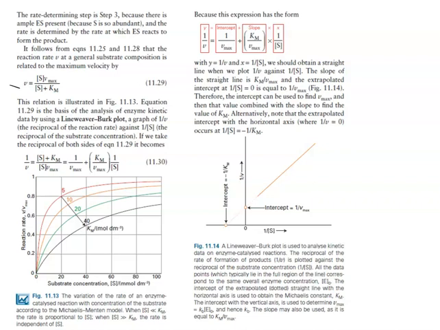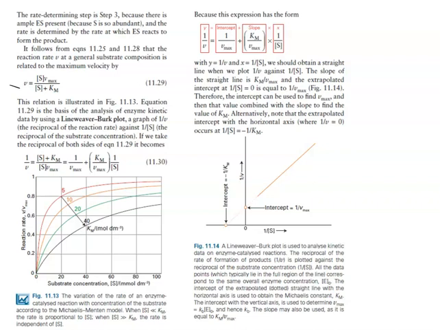When the concentration of substrate S is substantially lower than K sub M, the rate is proportional to concentration. But when concentration is substantially greater than K sub M, the rate's independent of concentration of substrate.